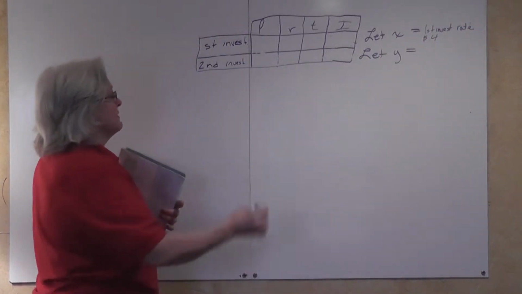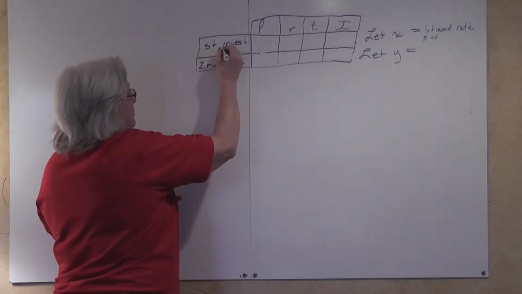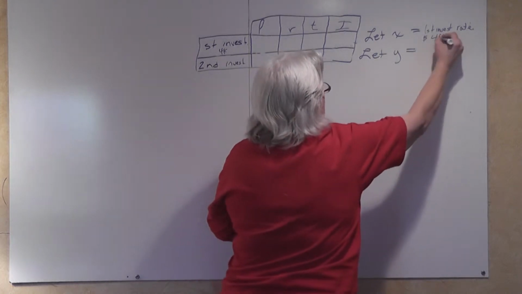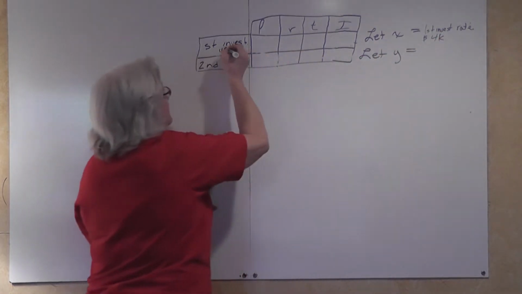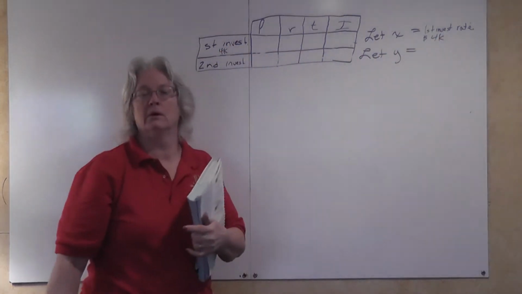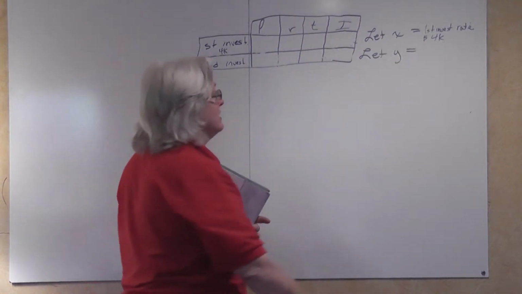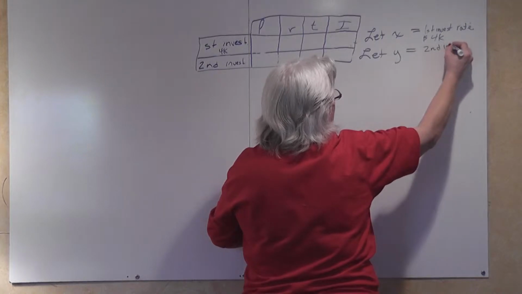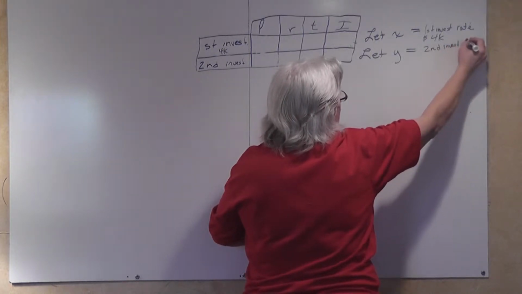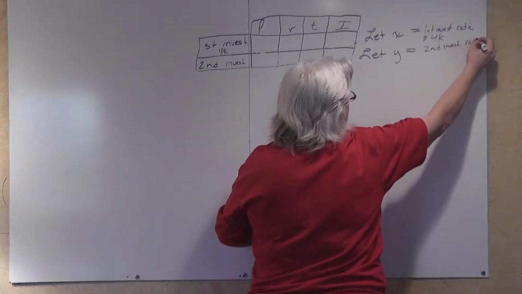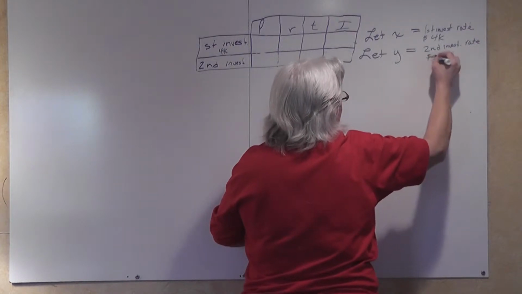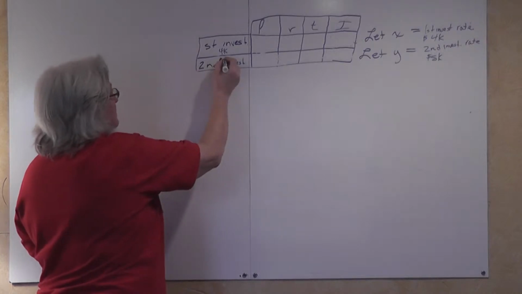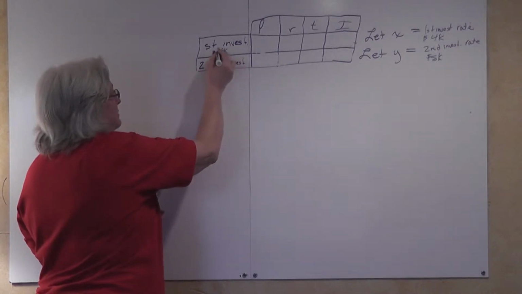Well, we're going to say that investment is $4,000. The second variable, y, is going to be the interest rate on the $5,000 investment. So $4,000 and $5,000.